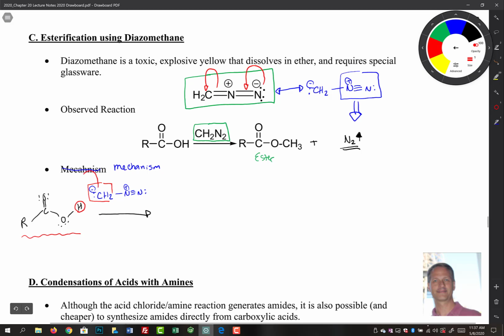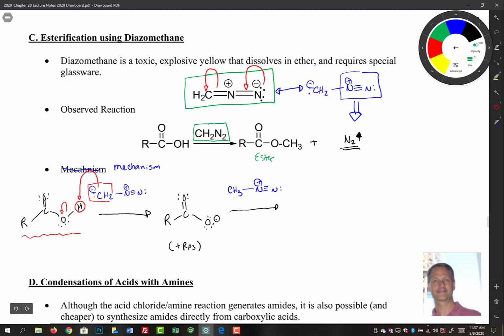So what happens is that very quickly deprotonates this. What we form there is an R, C double bond O, O minus, plus resonance. We don't need to draw that out. But the other thing that we get here is that the CH2 becomes a CH3. So then that becomes a CH3 N triple bonded N plus.